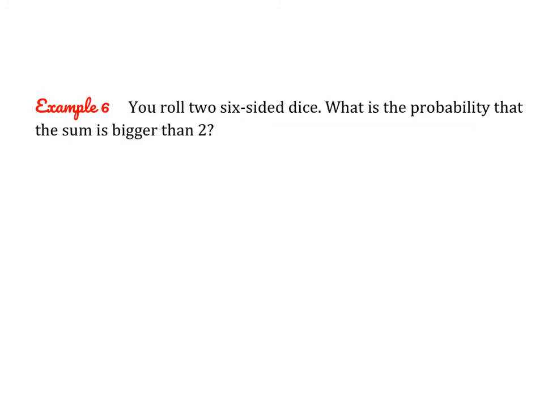So a perfect example is rolling two 6-sided dice, and you want the probability that the sum is bigger than 2. So the probability of event A, we'll just call it event A, is when the sum is greater than 2. Well, there's a ton of different combinations where the sum is bigger than 2.